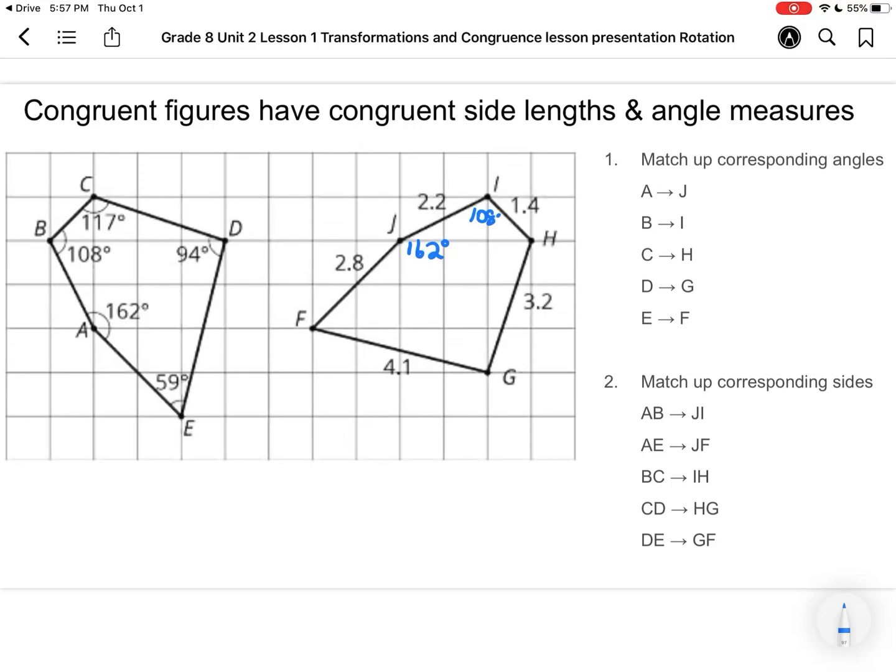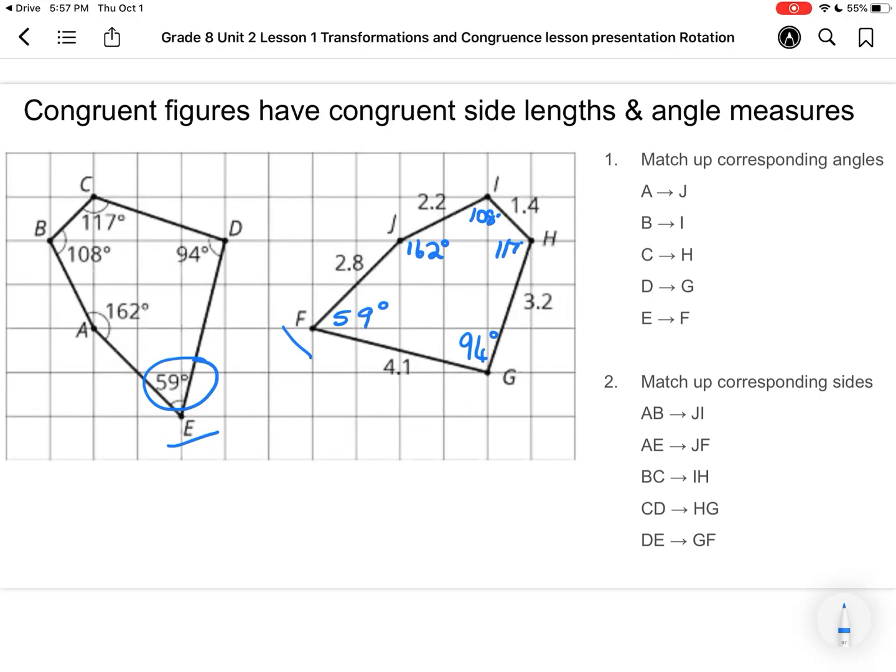C corresponds to H, so H is going to be 117 degrees. G corresponds to D, 94 degrees. And E corresponds to F, and E is 59 degrees. So F is going to be 59 degrees. If they're congruent, all their corresponding angle measures must be congruent.